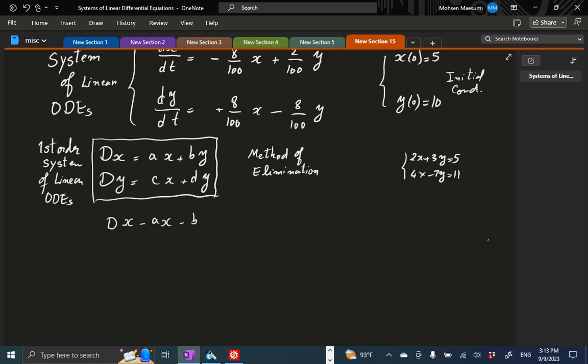Here I will bring everything to one side. So on the second equation, I write the x's first, just so that our order is maintained. Just as a reminder, D means differentiate. So Dx simply means x prime. And ax means, well, a number times x.